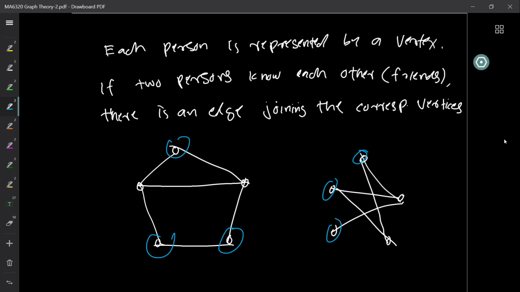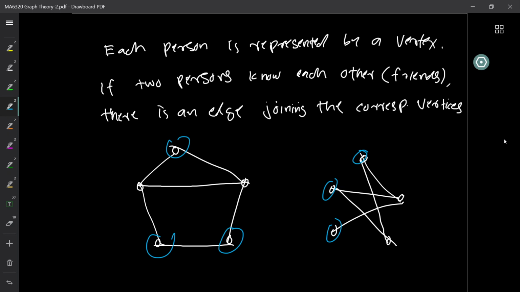So how do you show this? I want you to work on this. Maybe it's a nice exercise. If you start with 6 vertices, you can actually use a very nice result from combinatorics called the pigeonhole principle.